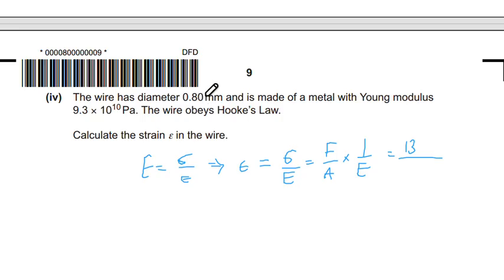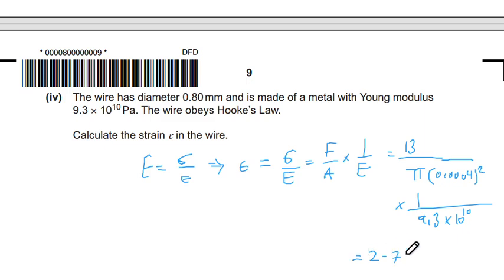If this is the diameter, the radius will be 0.4 millimeter, which is 0.0004 meter, squared times pi, this is the area, times 1 over the value given for Young's modulus, 9.3 times 10 to the 10. On your calculator, you should find the final answer.